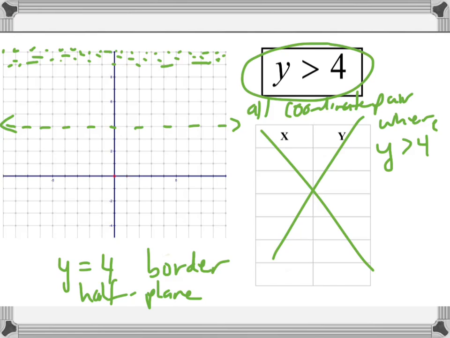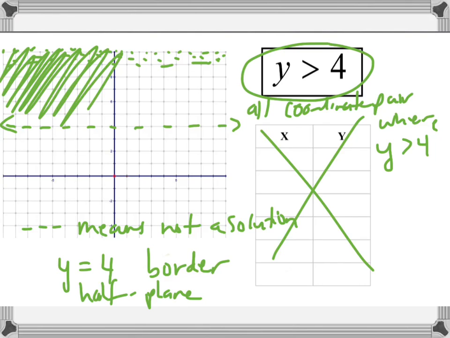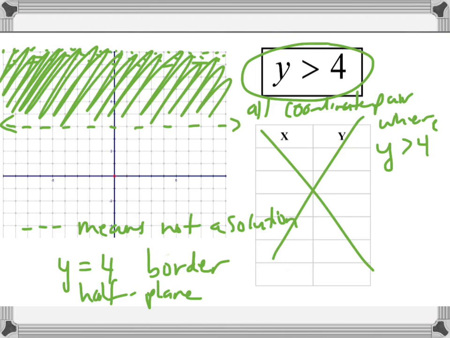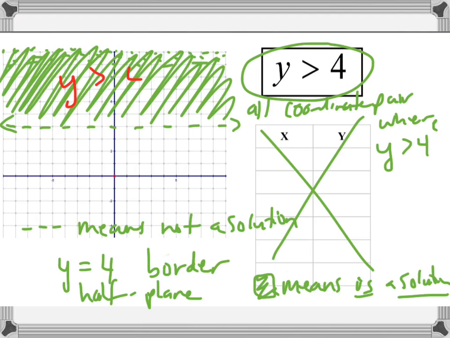A dashed line means not a solution. But everything above this is a solution, and shaded means it is a solution. So this is the solution to my inequality: everything that's shaded up here, and I'm going to write y is greater than 4 up here.